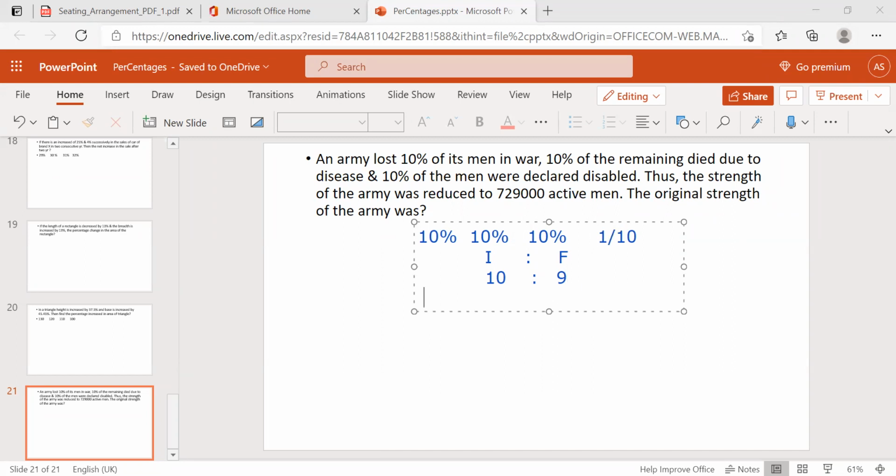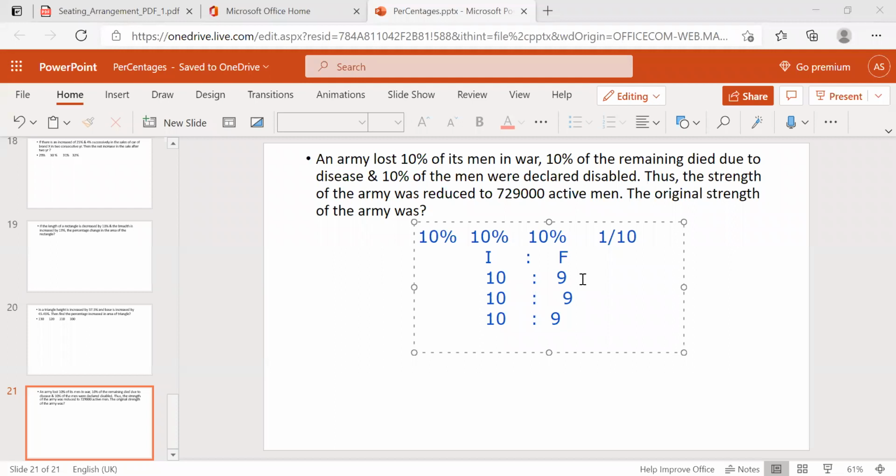Initially it is 10. Now it is decreased by 1, so it becomes 9. Again, the last 10% of the people, that's nothing but 9.